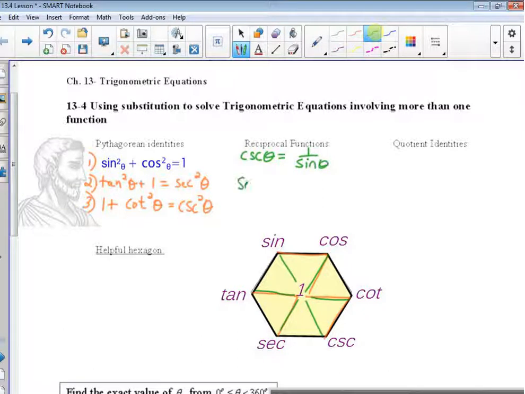If you see secant, that's 1 over cosine. And if you see cotan, that's 1 over tan. And then the quotient identities, I like to say cotan equals cosine divided by sine, and tan equals sine divided by cosine.